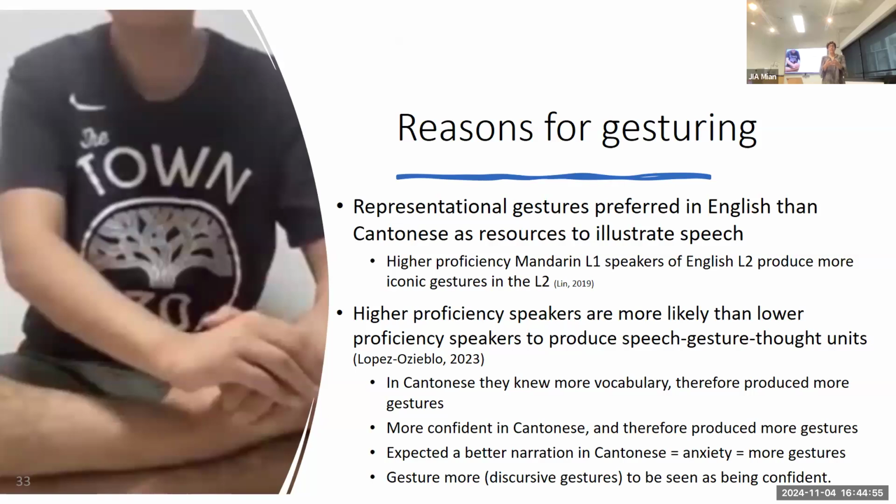So yes, it seems that our Cantonese speakers prefer to use representational gestures in English to help them in that thought process, to link the abstract with the concrete. And this links up with the results from previous studies where they find more iconic gestures in the L2 than the L1 in Mandarin speakers.